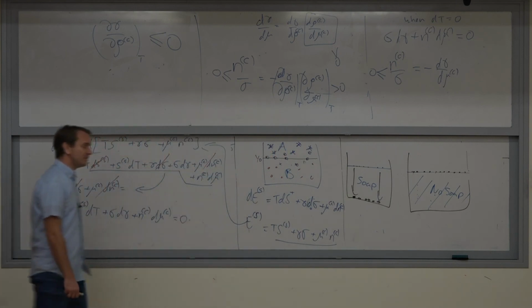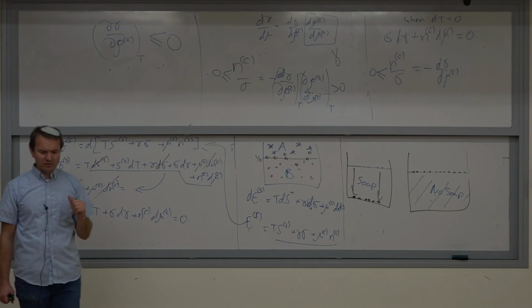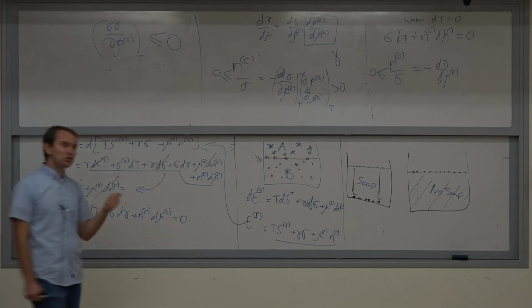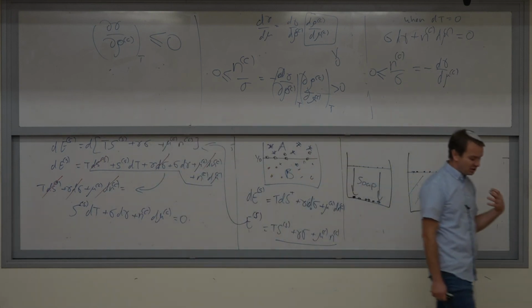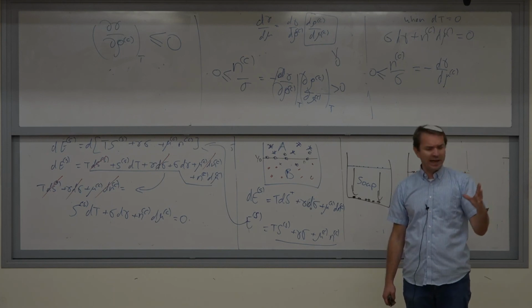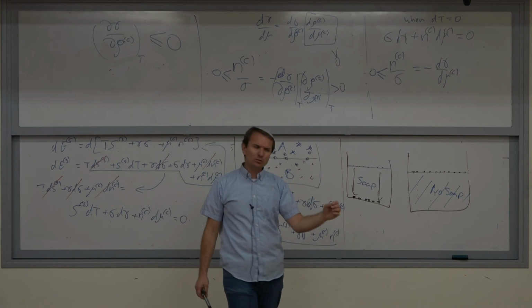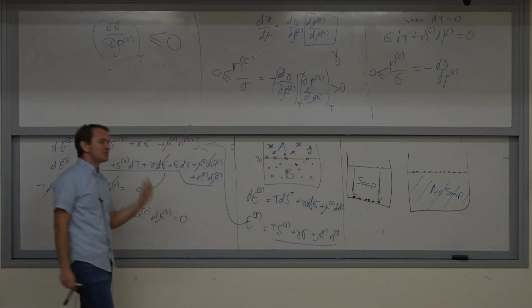Okay? This is nice. But it immediately also tells us something else. By adding soap, the surface tension is decreasing, and it doesn't really matter what I add. This equation always tells us, no matter what you add to your system, as you have more particles sitting on the surface, the surface tension will decrease.